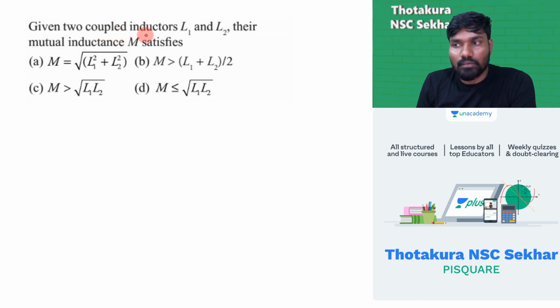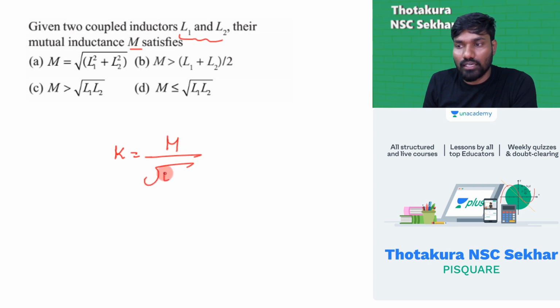Given two coupled inductors L1 and L2, their mutual inductance M satisfies any one of these. What is the relation between self-inductances and mutual inductance? K is equal to M by root L1 L2. What is the maximum value of K?